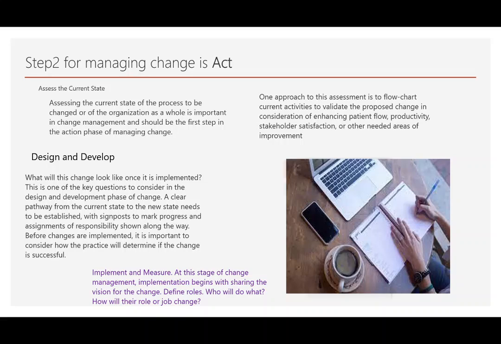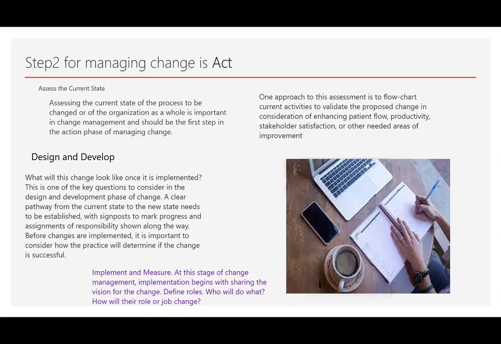Design and develop. What will this change look like once it is implemented? This is one of the key questions to consider in the design and development phase of change.